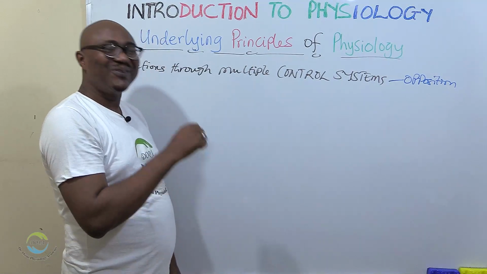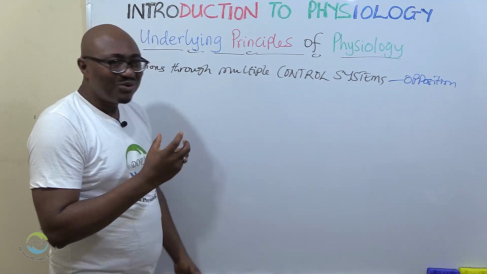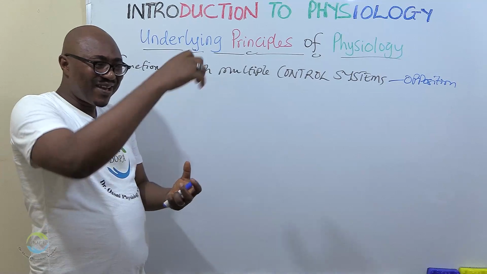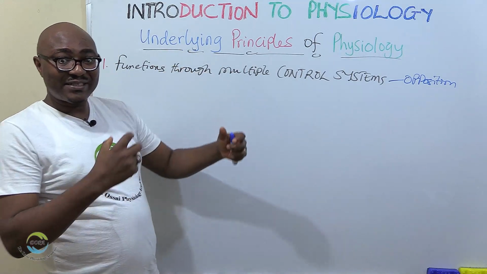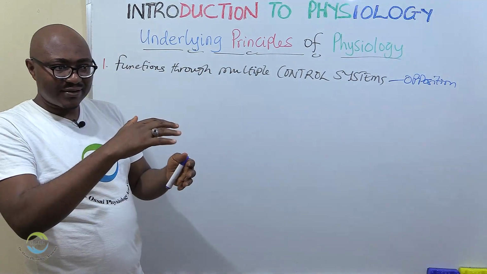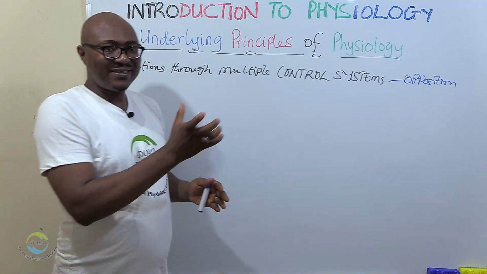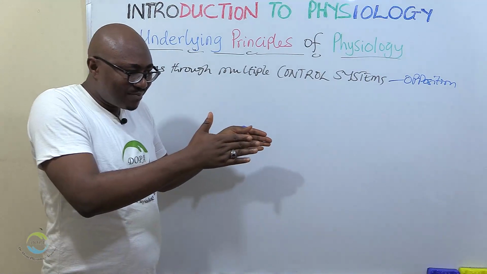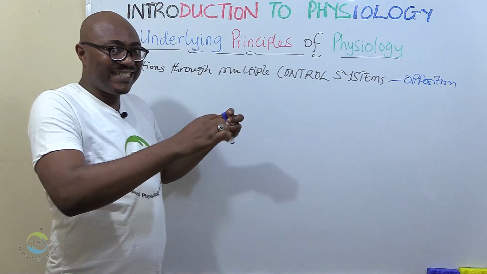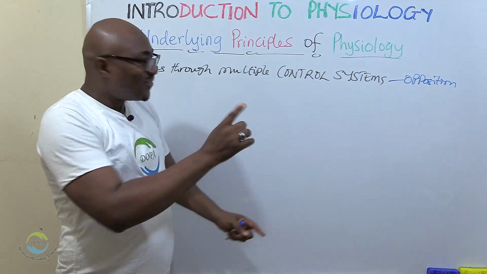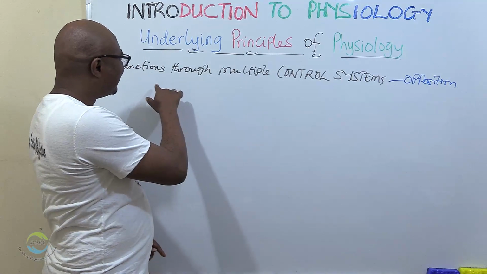If it goes too low, there's a problem. So there are control systems to help regulate it so that when it's trying to go too high, it brings it down. When it's trying to go too low, it brings it up so that it can maintain the ideal value. So that's what this is talking about.